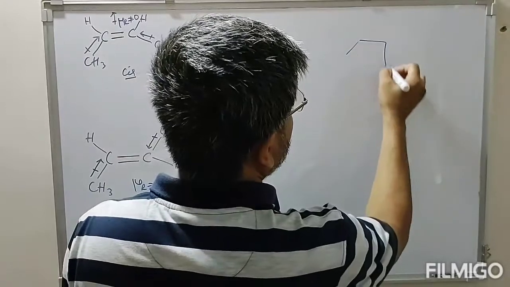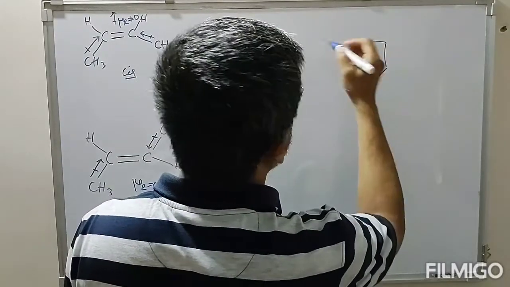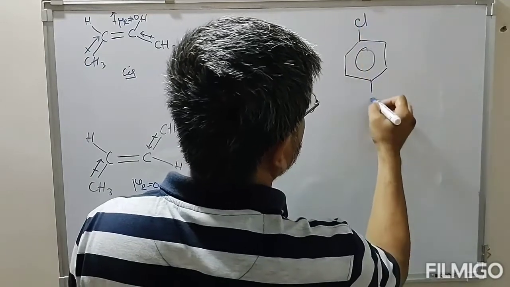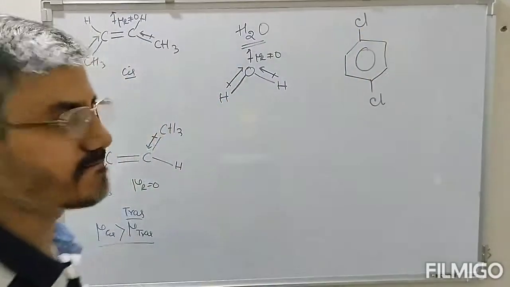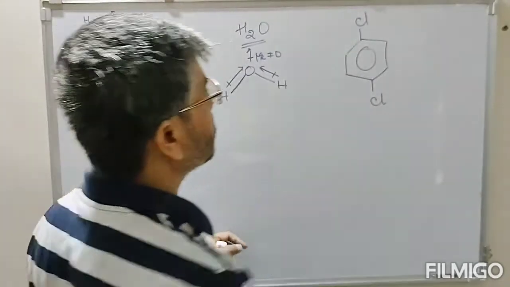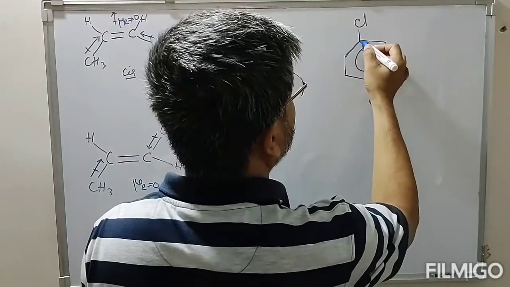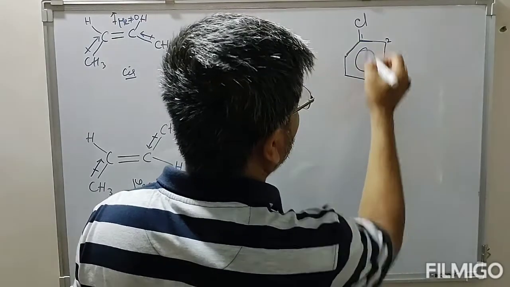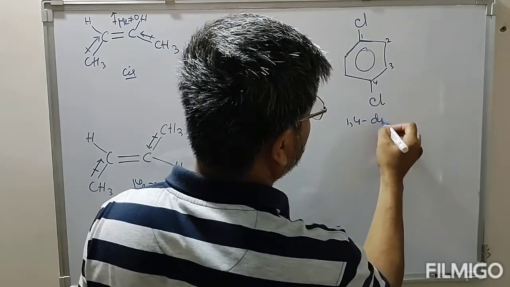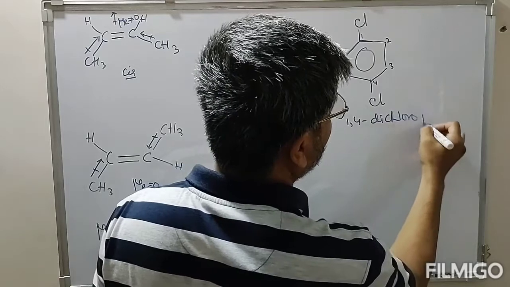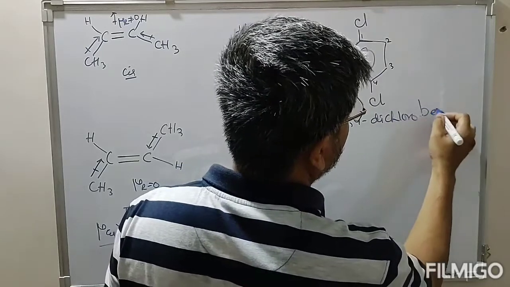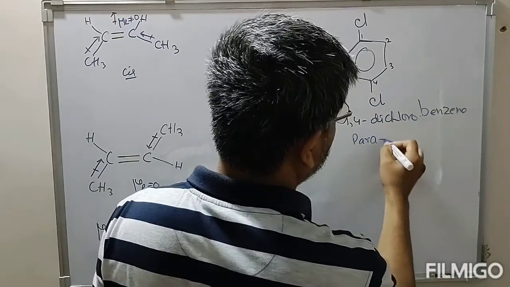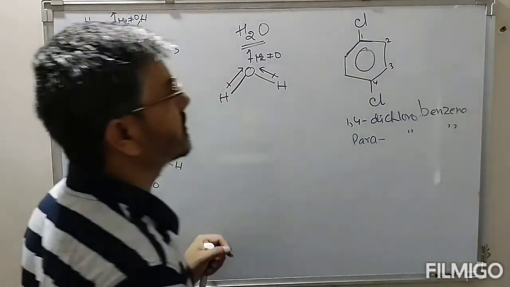Take this Cl, this is Cl. So this is what we call 1, 2, 3, 4. 1, 4 dichlorobenzene, which is also known as para-dichlorobenzene.